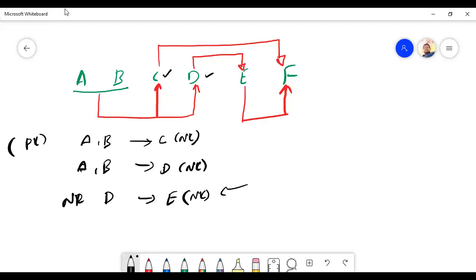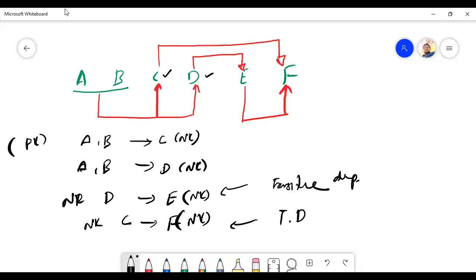Then this is transitive dependency. Then F. F depends on C. C again is a non-key. F also a non-key. So we can say this is transitive dependency.